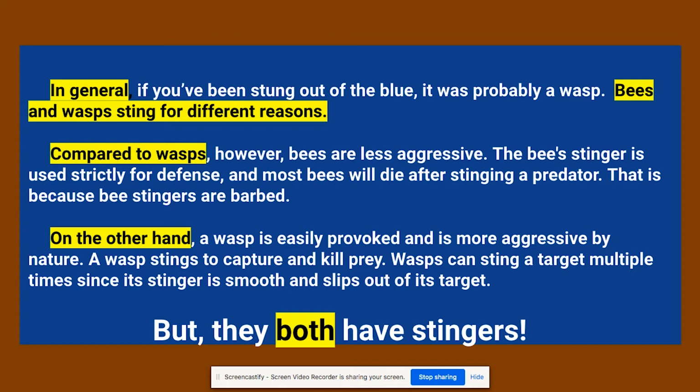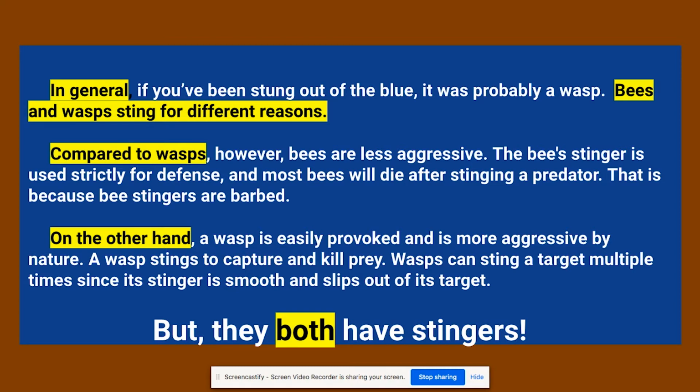Compared to wasps, however, bees are less aggressive. The bee's stinger is used strictly for defense, and most bees will die after stinging the predator. That is because bee stingers are barbed. On the other hand, a wasp is easily provoked and is more aggressive by nature. A wasp stings to capture and kill prey.